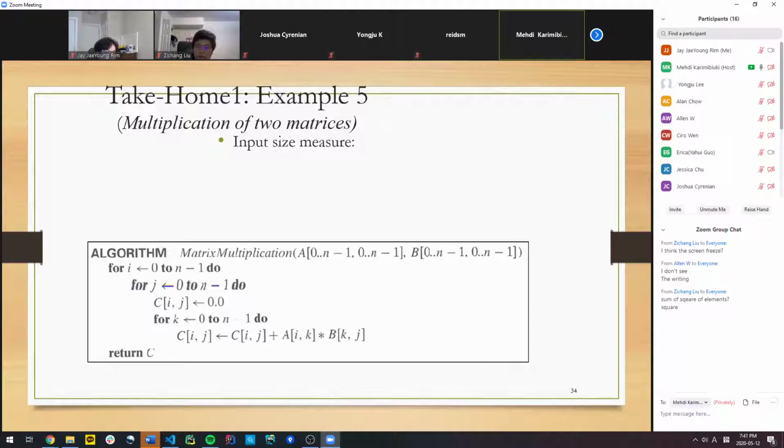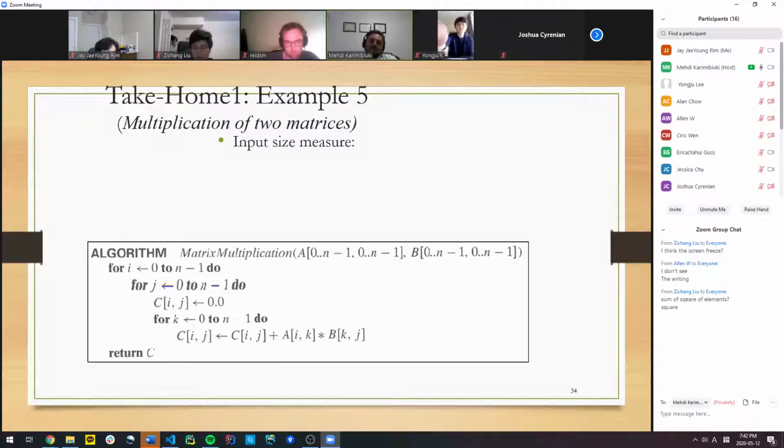So can someone just tell me, by just looking at this, it's example 5. Where is me? Just give me a second. Oh, there we go. So example 5, slide number 34.